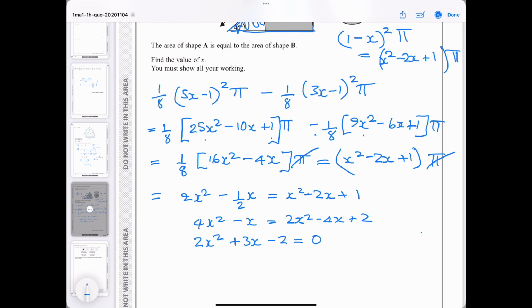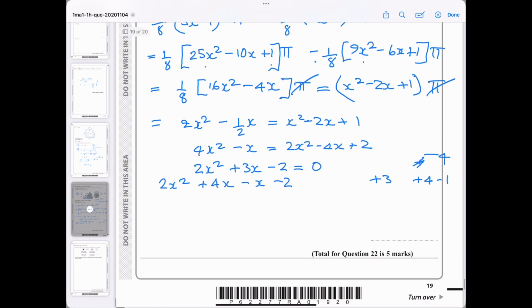Whatever I have to do has got to multiply to minus 4 and add to 3, so that's going to be plus 4 and minus 1. So 2x squared plus 4x minus x minus 2, and that would equal 2x times x plus 2, and then minus 1 times x plus 2.